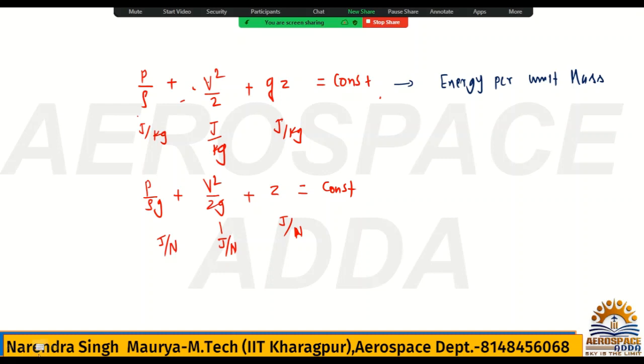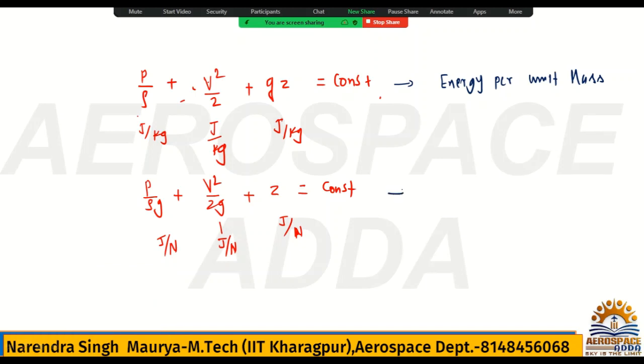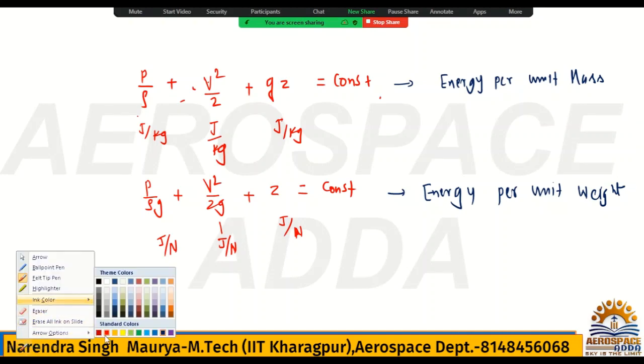This is also the Bernoulli equation, but it is energy per unit weight.